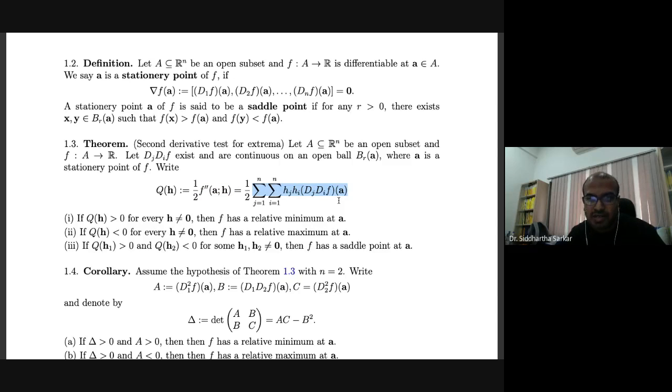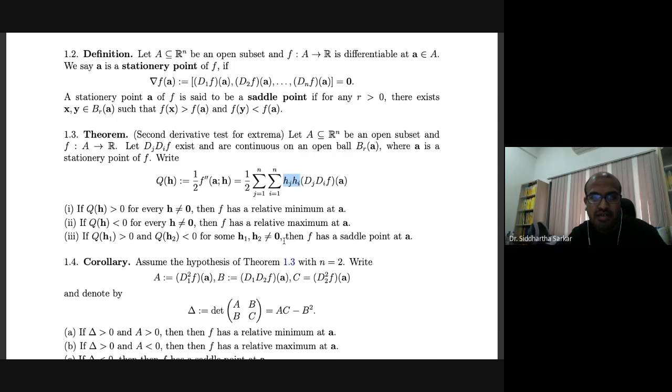Okay, so the d_j d_i f computed at a, where these indices j and i both run from 1 to n, and because I'm computing at h, these coefficients will come out over here. Okay, and the quadratic form Q(h) I'm scaling, which is not really necessary here, but later we'll see that when you want to compute certain things, the scaling will help.